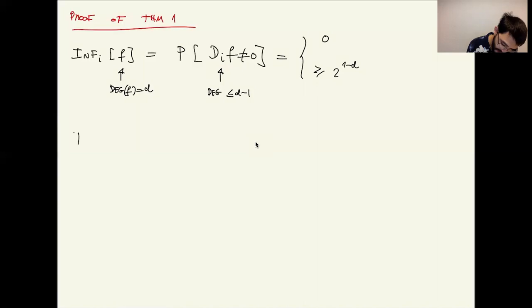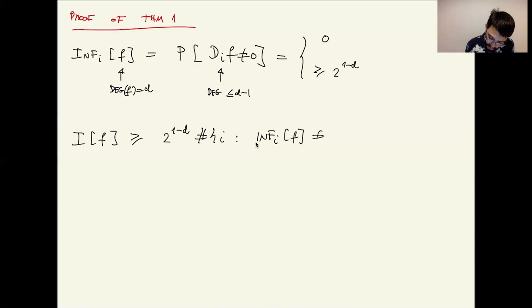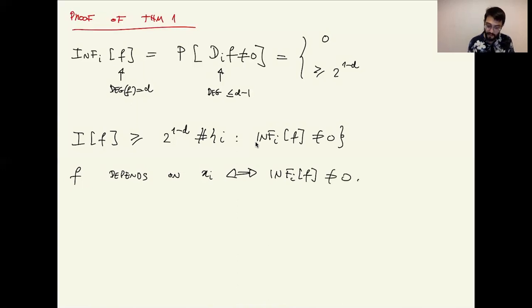And so therefore, if you compute the influence, which is just the sum of these guys, this will be greater or equal than 2 to the 1 minus d times the cardinality of the set of i's such that the influence of the variable i of f is non-zero. But f depends on xi if and only if the influence of i is different than 0. Because of this identity, what is the derivative here?